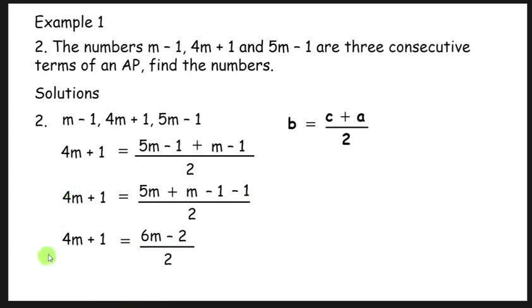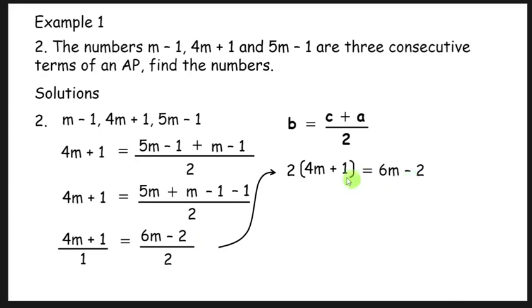Then we are going to get rid of the fraction to find the value of m. So say over 1. When we cross multiply, we'll say this times that. It means 2 times everything in the brackets, equals 1 times 6m minus 2. It will be 6m minus 2.